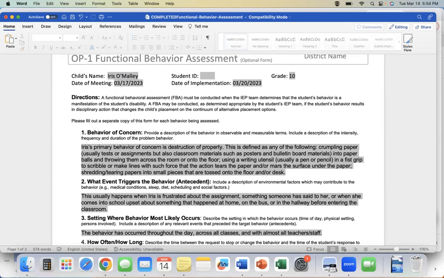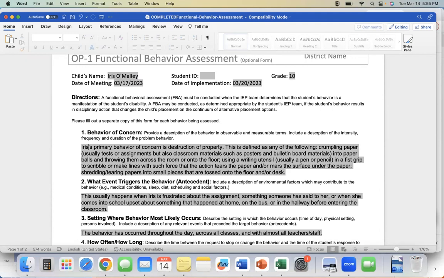This is defined as any of the following: crumpling paper, which usually is tests or assignments, but also could be classroom materials such as posters or bulletin board materials, into paper balls and throwing them across the room or onto the floor. Using some type of writing utensil, pen, pencil, could be marker, could be chalk, could be whiteboard marker, in a fist grip to scribble or make lines with such force that the action tears the paper and or mars the surface under the paper.